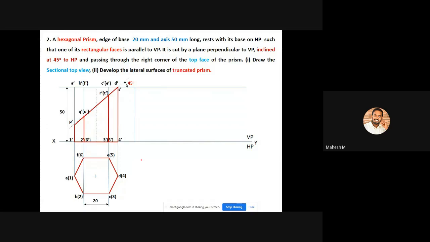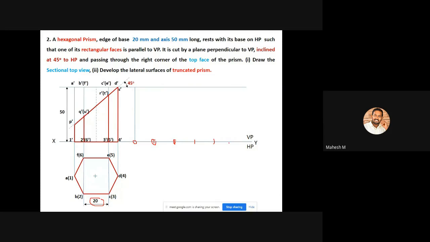Okay, so after creating this particular vertical line, then please look at your side value. So the side value is 20 mm. So you can take your compass with a value of 20. You can place your compass exactly at this place. Then you can create an arc with the value of 20. Then you can place your compass exactly at this place. You can create an arc with a value of 20. Then repeat this procedure. You have to create 6 arcs.